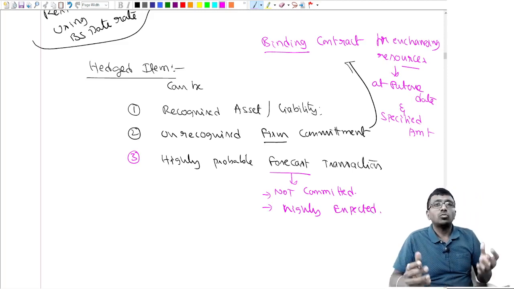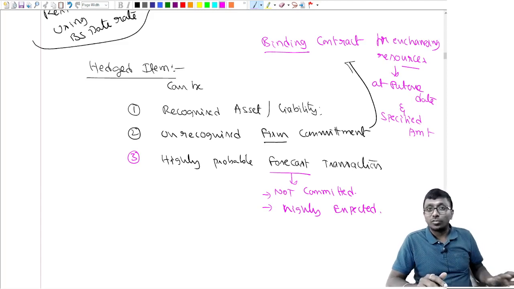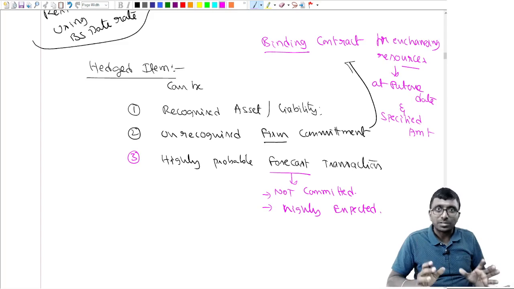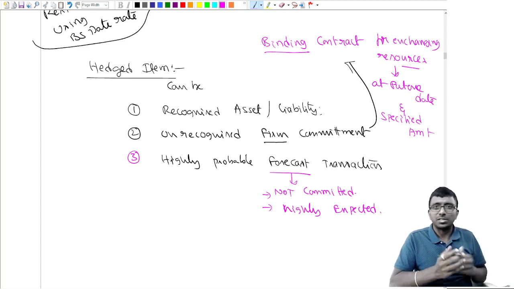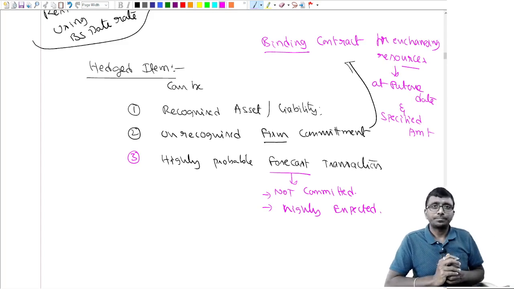I don't know the party to whom I am selling or from whom I am purchasing, because it is expected. How do I know I am going to buy? See my sales and purchases in the past, or see the requirement of purchasing a machine. I need a machine, so I will buy.